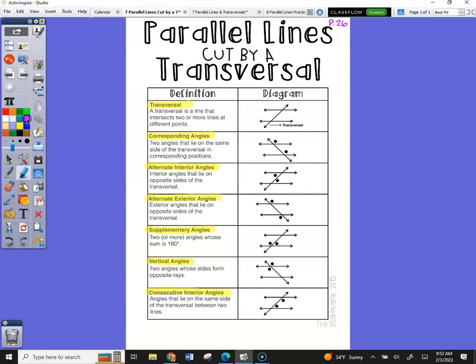Then I want you to take your highlighter and highlight the dots. Notice the very first picture doesn't have any. Highlight the dots.